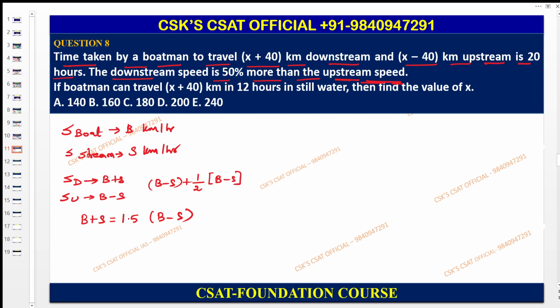Then after knowing that, they are providing the downstream speed. So downstream speed here is nothing but b plus s, which is equal to 50% more. Actually upstream speed, if you are taking 100%, 50% more means it becomes 150%, nothing but 1.5.